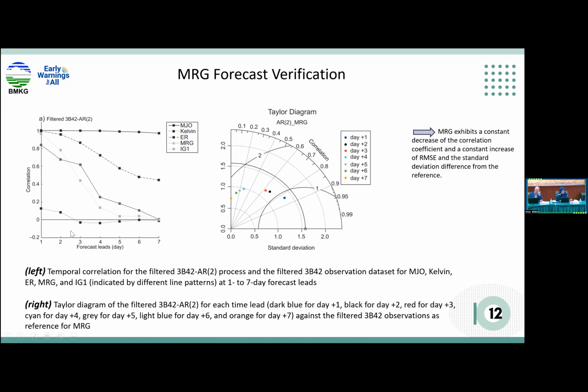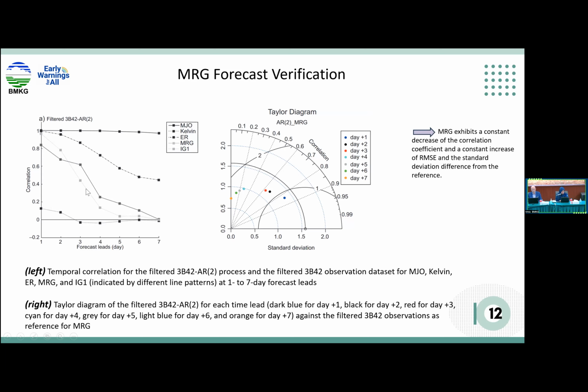This is the correlation coefficient for all the waves and also the MJO, because the MJO has a long propagation duration, so it should have a higher correlation or higher accuracy.